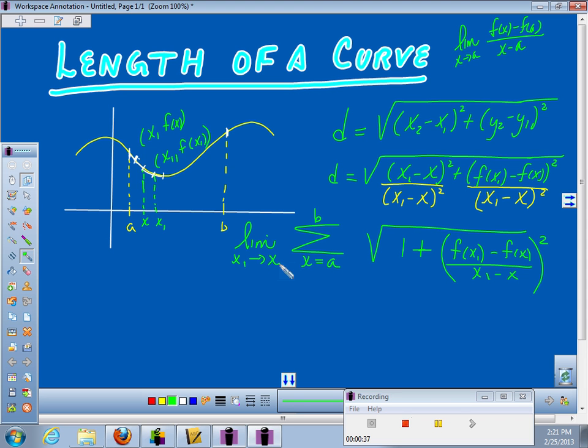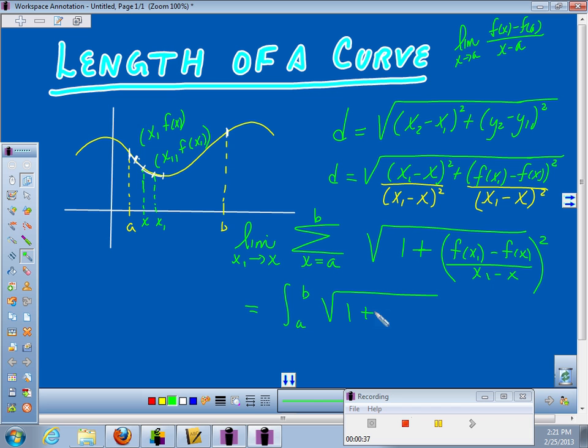Okay, so consequently then, with the magic of calculus, and the 15 minutes on the rest of this proof I'm not going to spend since we've seen it before, the limit of a sum can really be changed into integration from a to b of the square root of 1 plus, and then this whole fraction thing is really what?